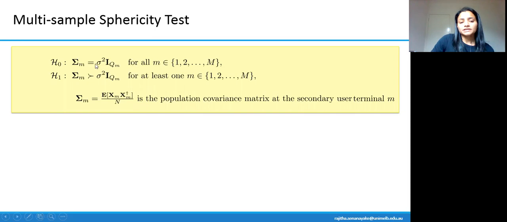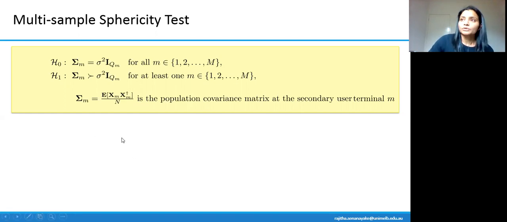And if that is equal to this diagonal matrix for all the secondary user terminals, we declare the null hypothesis. So we say that there are no primary users. And if at least for one of them, it departs from this diagonal structure, we declare the non-null hypothesis. So that is how we define the hypothesis testing for the decentralized sphericity test.